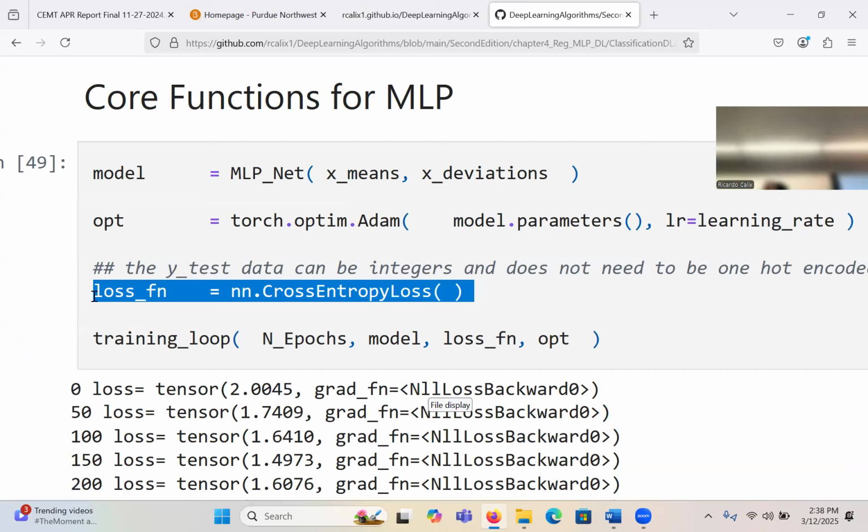Do you remember that? So that's what we're talking about today. That one line of code is what we're talking about today, and the background of it.